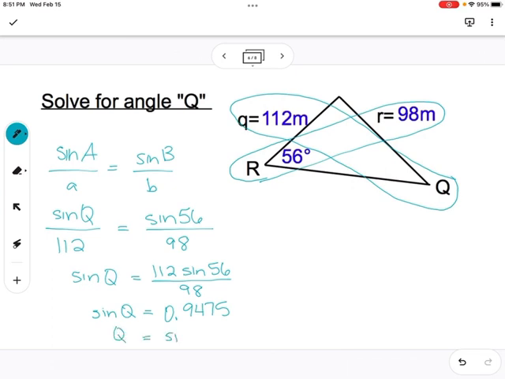So we want to have the sine inverse of that decimal number we just got. Again, you're going to press second or press your shift button in order to get that sine inverse. And we get 71.3 degrees as angle Q.